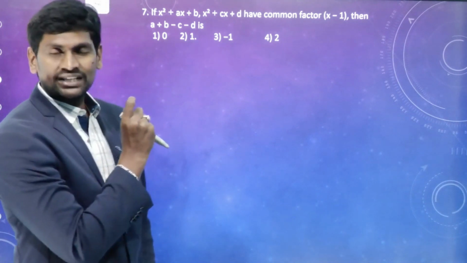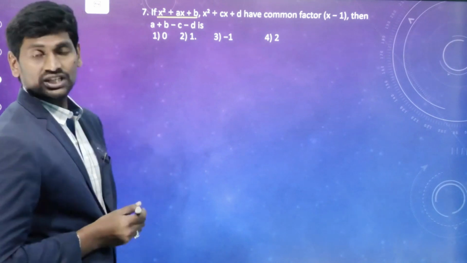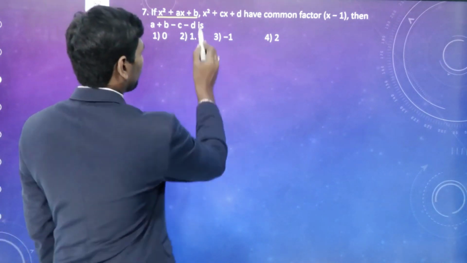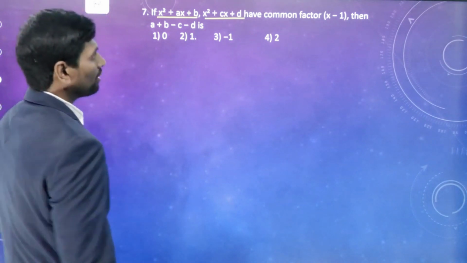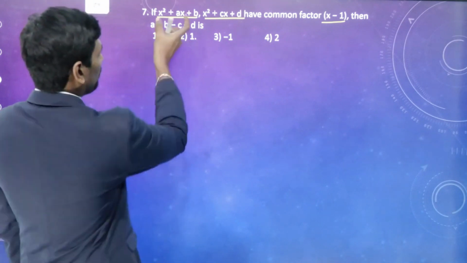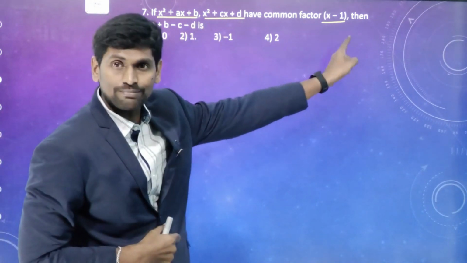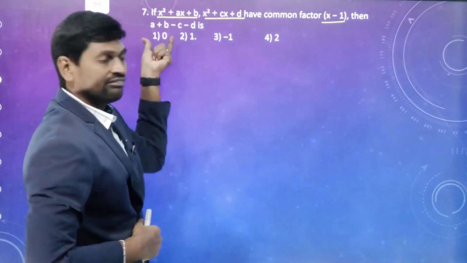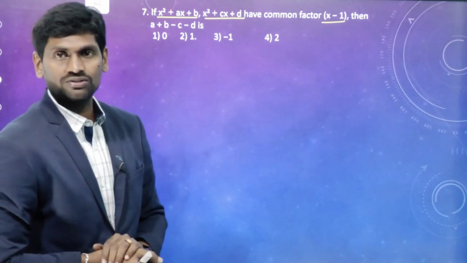X square plus ax plus b is one quadratic polynomial, and the second one is x square plus cx plus d. These two quadratic polynomials have a common factor x minus 1. Then we need to find the a plus b value minus the c minus d value also.